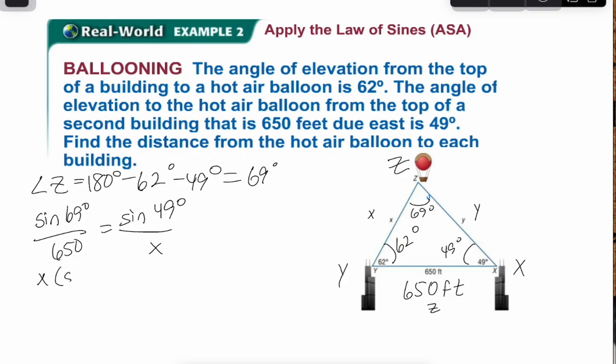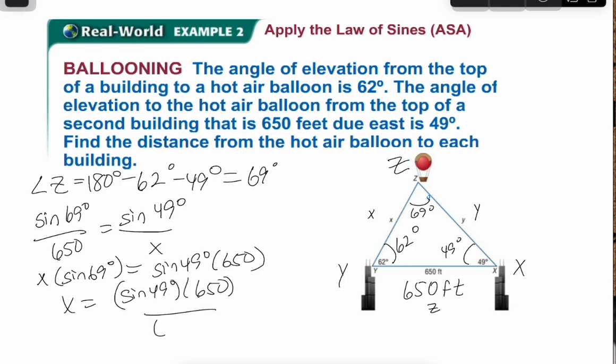X times the sine of 69 degrees is the sine of 49 degrees times 650. So just cross multiply. And then you have to divide off that sine of 69 to find it. So X is going to be the sine of 49 times 650 divided by the sine of 69. Okay, so let's do it. And remember, X should be our smallest side of all.